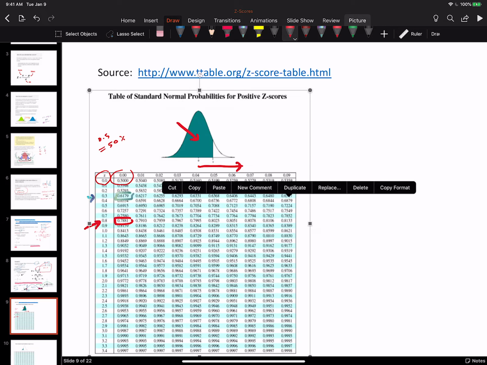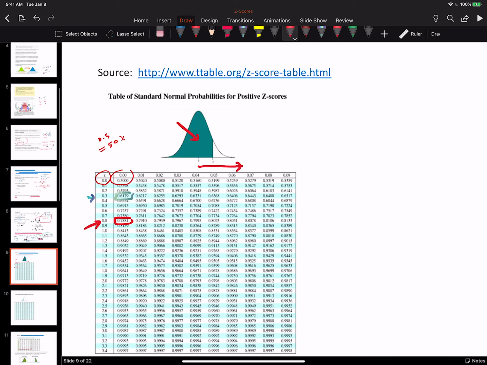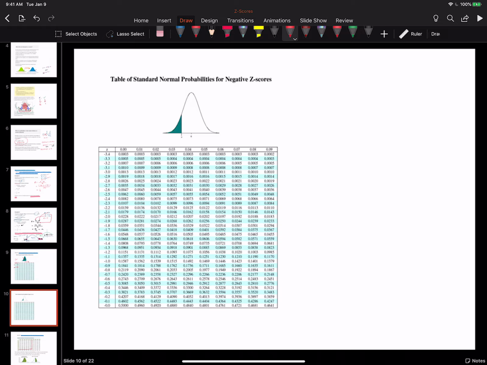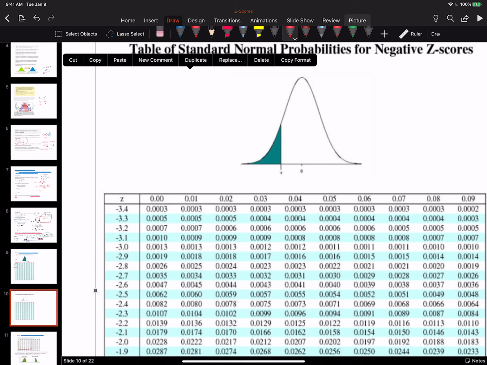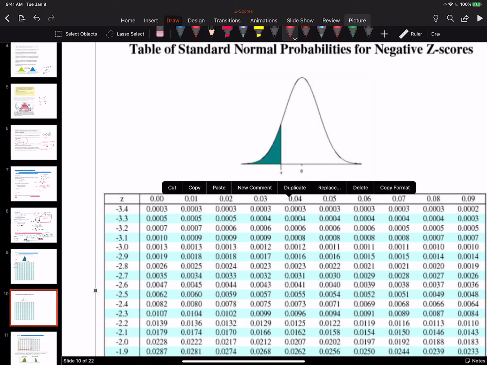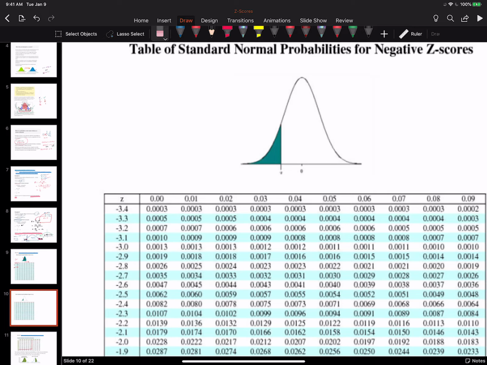So let's go back. Here, on the other hand, is the left-hand side. Here are the negative z-scores. Of course, if you are to the left, for example, if z equals negative 3, it's going to hold that much. Remember when I said when z equals negative 3, you don't see much right here?